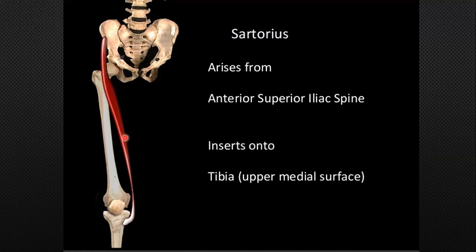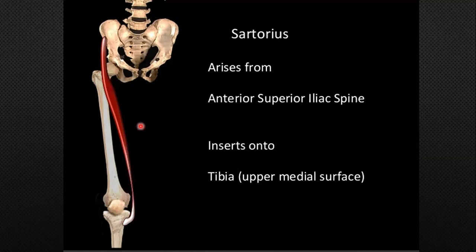Then in an S-shaped manner, it is twisted around the thigh and is inserted on the upper and medial part of the tibia, okay? So it traverses two joints, the hip joint and the knee joint, and it will act across these two joints.